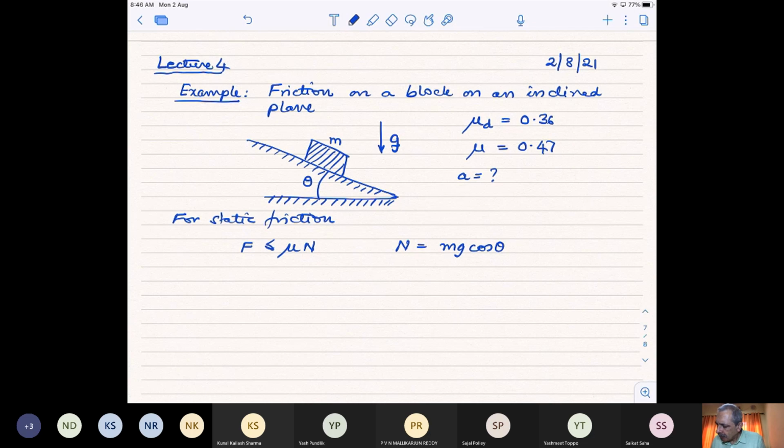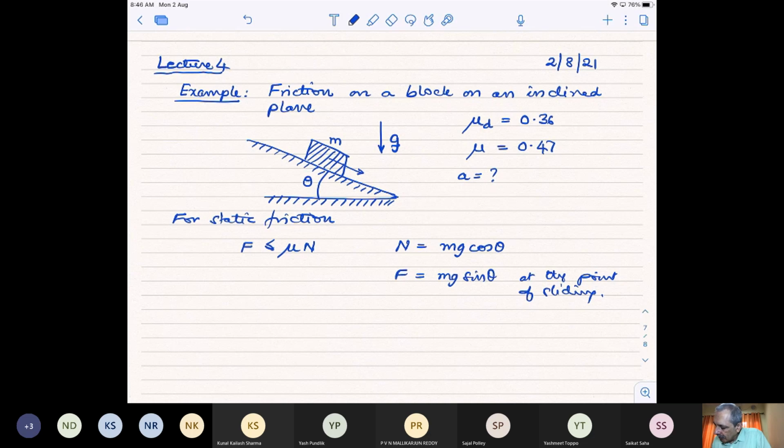And so when it is equal, that is when it's just about to start sliding, the weight in the direction of the motion, at that point, F will be equal to mg sine theta. That is, the friction force will be exactly equal to that when you have the equality sign.